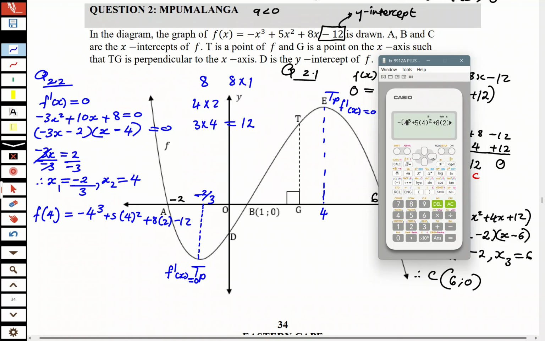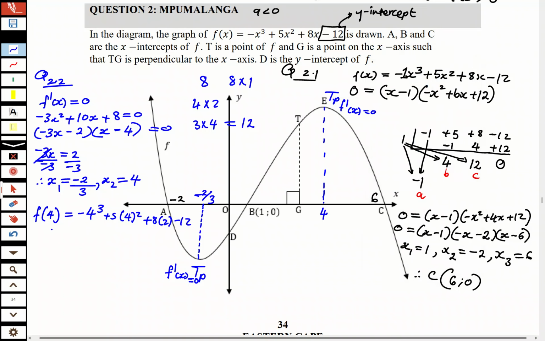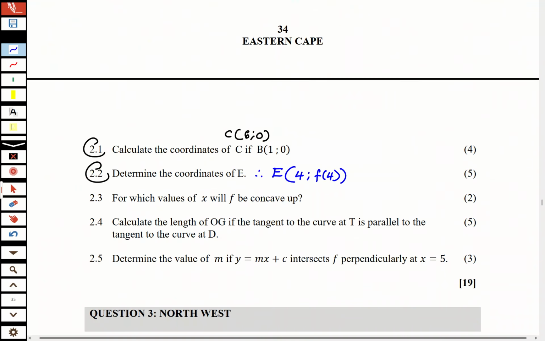You see, you have that 5 into that, you have that into that, so that's going to give you a positive 20. So when x is 4, y is simply 20. So therefore, E is simply 4 and 20. So you can come back and say, E is (4, 20).